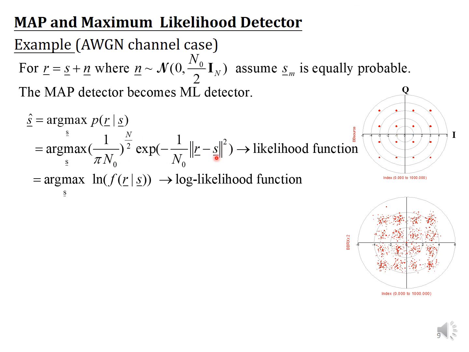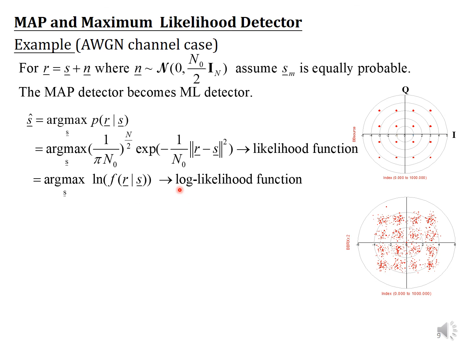We just take the log on this likelihood function, the conditional probability, because the calculation is complicated. It's called the log likelihood function. Then the result would be equivalent.